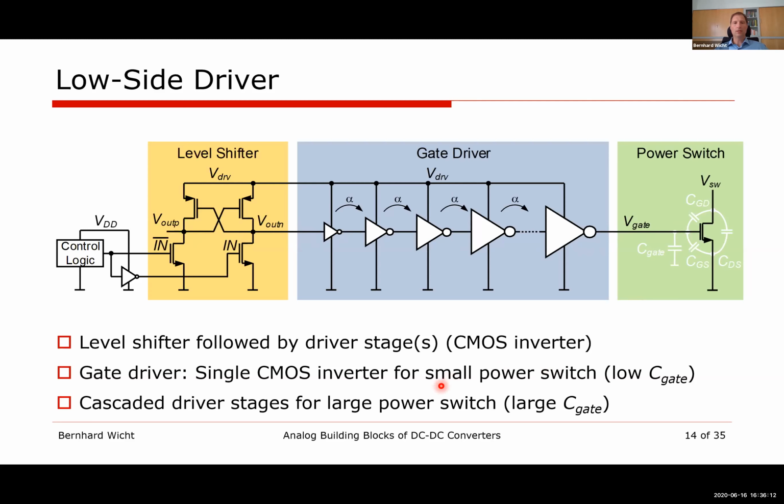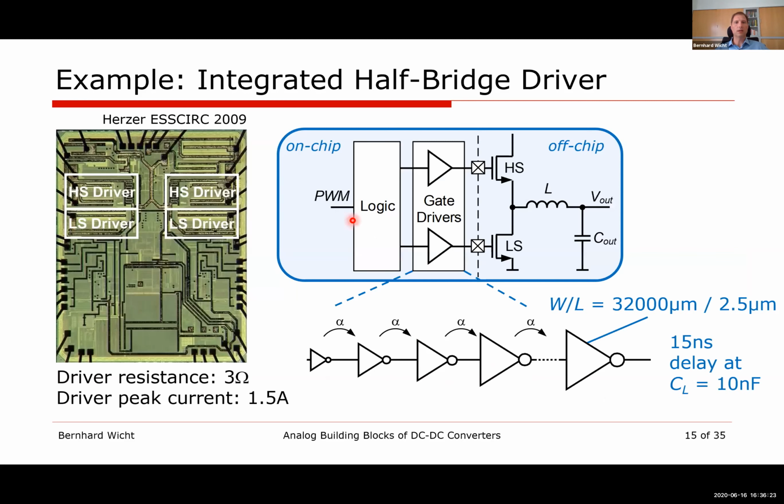So now the question is, why do we need a cascaded approach here for the gate driver? We can first take a look at an example and then dive a little bit deeper into this cascaded approach. I thought it's always good to see some real world example. This is, of course, not the latest and greatest, but that's something I did during my industry time.